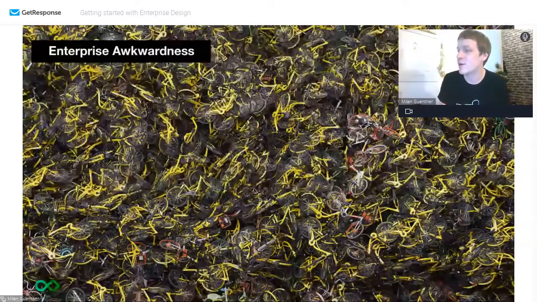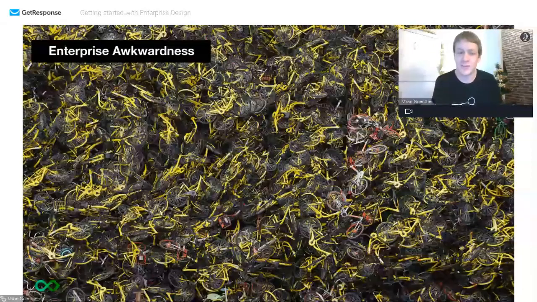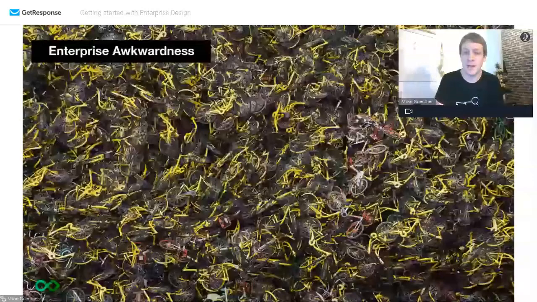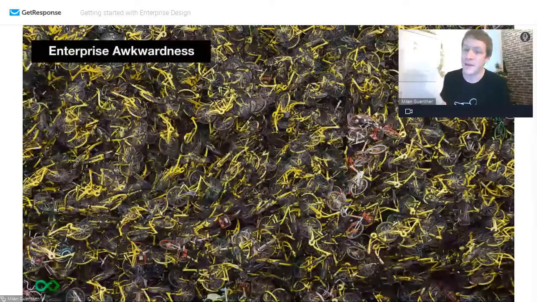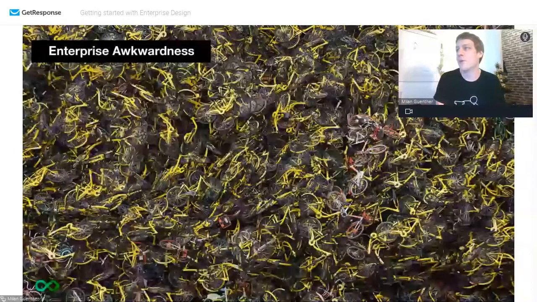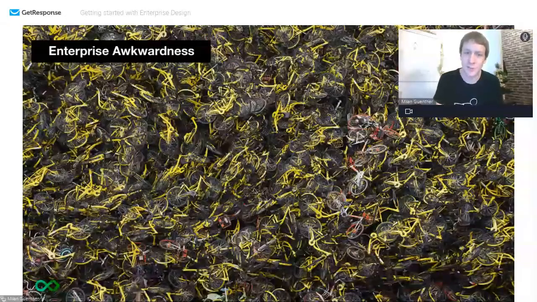We don't know exactly what happened. Maybe it's a logistics problem, or a planning problem, or a capacity problem, a demand management problem. Maybe it's planned obsolescence. Maybe it's a quality problem, so all these bikes are broken. But we can look at the outcome that this enterprise produced and say, whoa, that's bad.